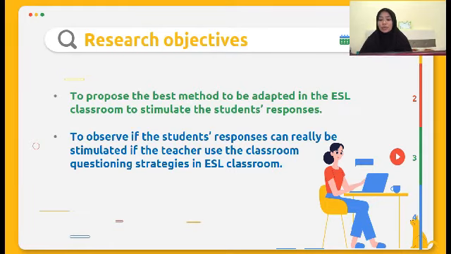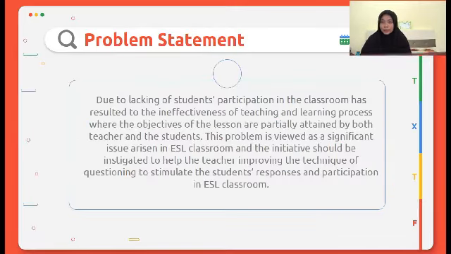in ESL classroom. The problem statement is that the lack of students' participation in the classroom has resulted in the ineffectiveness of the teaching and learning process, whereby the objectives of the lesson are only partially attained by both teachers and the students.